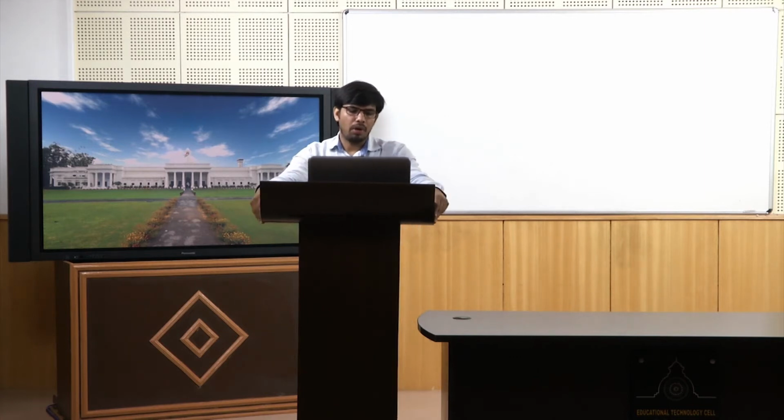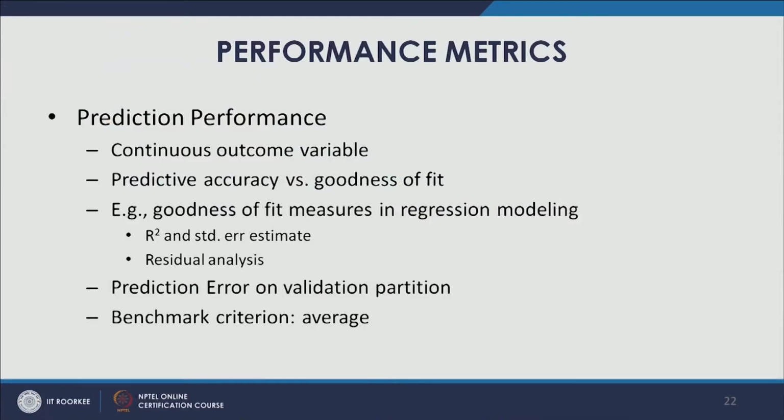Now let us discuss a few examples for classical statistical modeling. One would be goodness of fit measures generally used in regression modeling in a statistical setting. These are two measures that we have shown here, R square and standard error of estimate. Generally these two measures are used to understand how well the model is fitting the data.